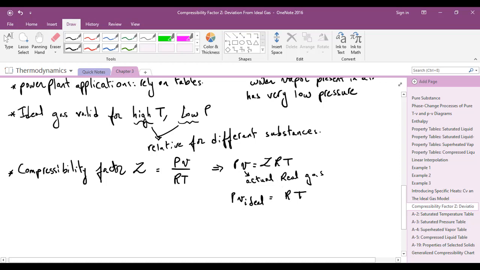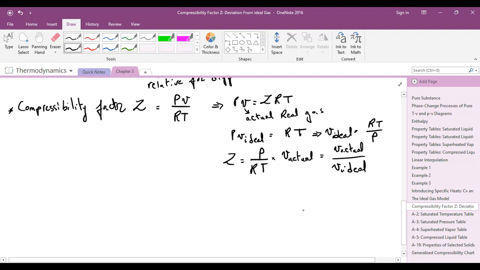So Z can be written as the actual specific volume over the ideal specific volume, where the ideal specific volume is RT over P. So whenever Z is different than 1, or deviates from the value of 1, we have deviation from ideal gas behavior.